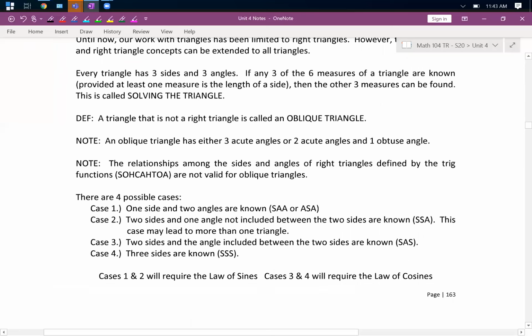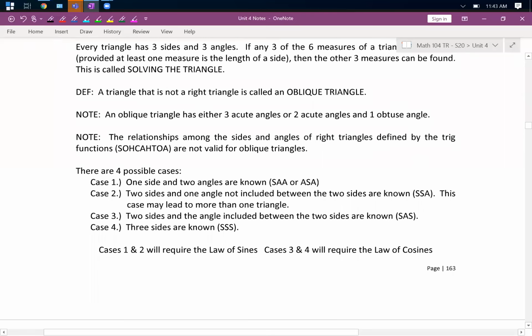Any triangle that's not a right triangle is called an oblique triangle. And we know that word oblique from rational functions. An oblique asymptote is one that's slanted. Well, a right triangle, the sides are always straight up. So I think the term oblique makes sense because oblique means on a diagonal. So these are ones where the sides are on a diagonal rather than just straight up and down.